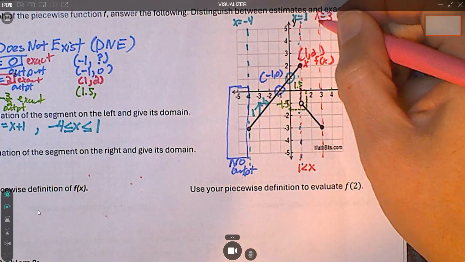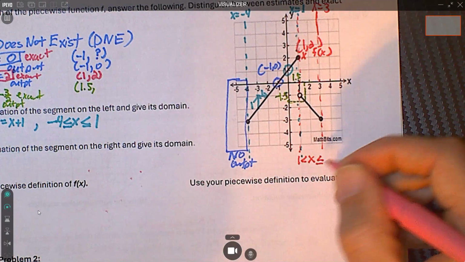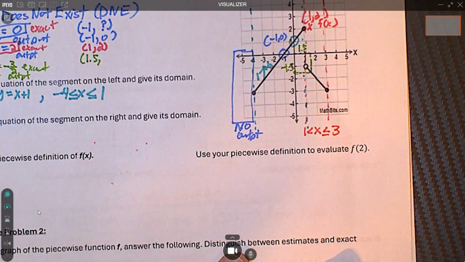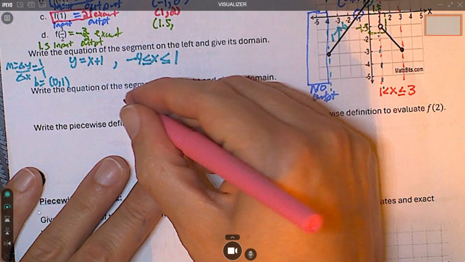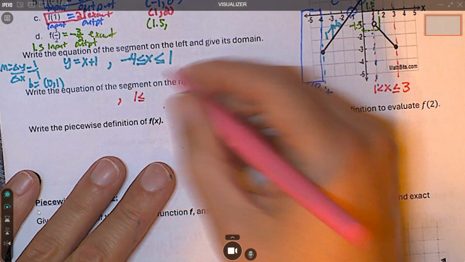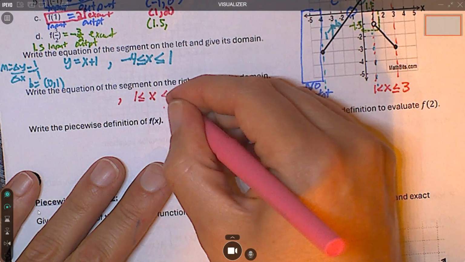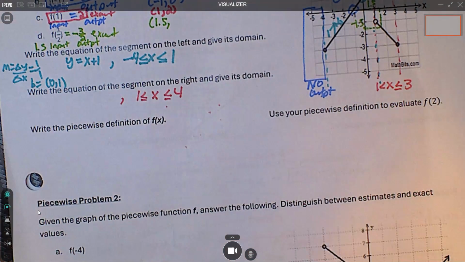Oh, it'd be a solid line. But okay, so it's closed circle. So from 1 to 3 would be that one. That's a 3.